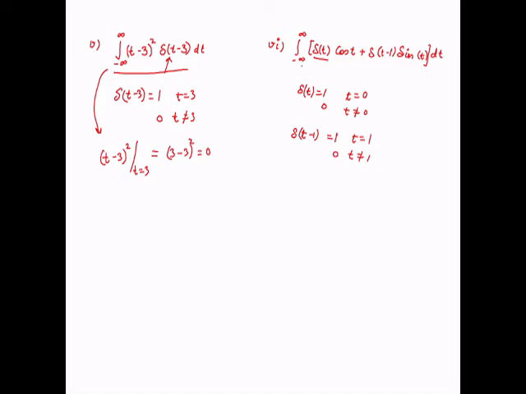Now this has two portions, so we are going to represent this equation like this: integration from minus infinity to infinity delta t cos of t dt, plus integration from minus infinity to infinity delta t minus 1 sine of t dt. So these are the two parts of the equation.